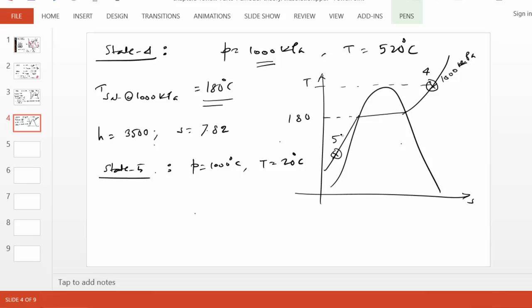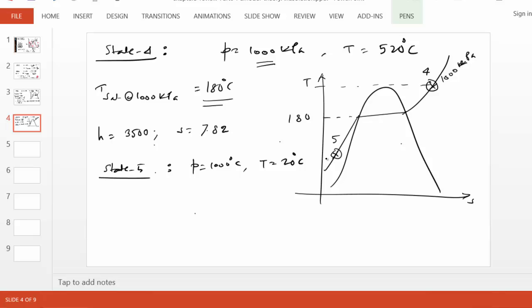Question is, how do we find properties of a liquid? Even though for water there is a compressed liquid table, generally compressed liquid tables are not available for most fluids. So we have to find another way to find liquid properties.